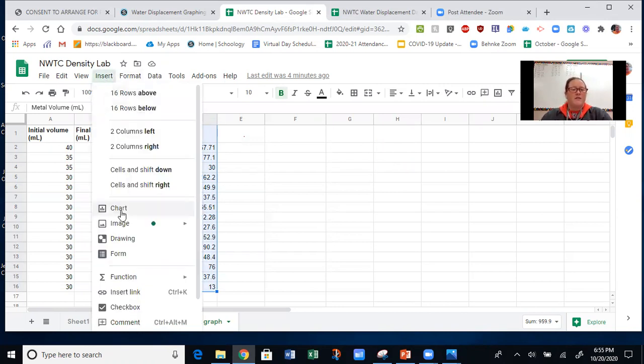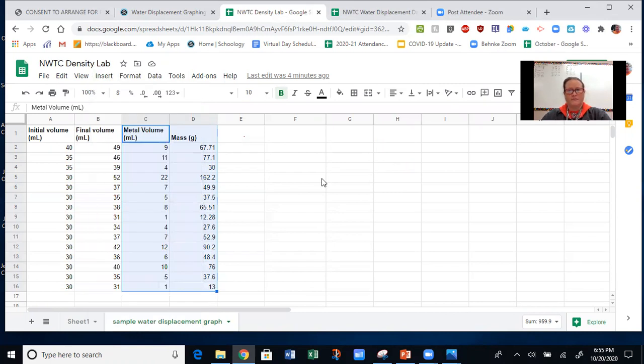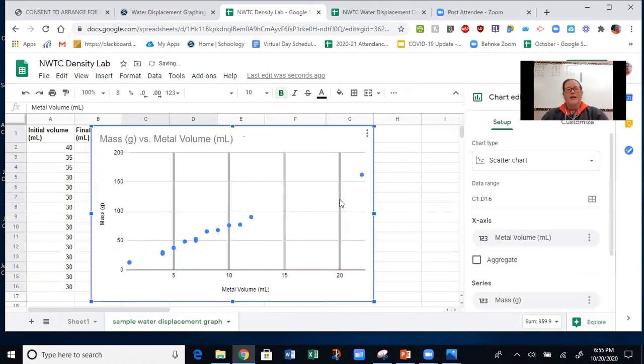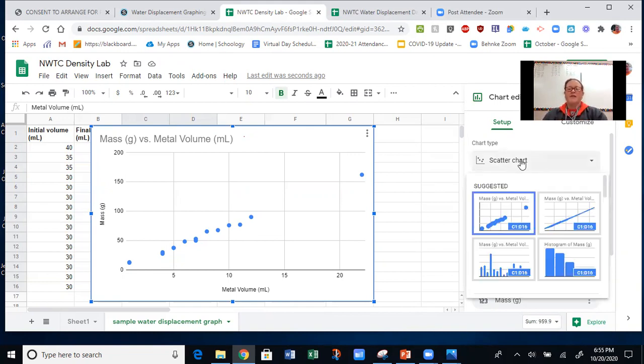And we go to Insert, Chart. Now it may show up as a scatter plot and it may not show up as a scatter plot. If it doesn't, then we want to choose the chart type to be scatter chart. All right, but it did.